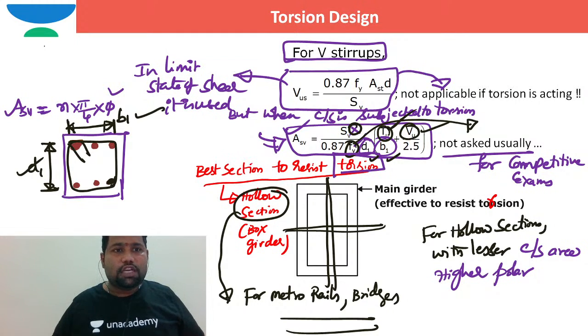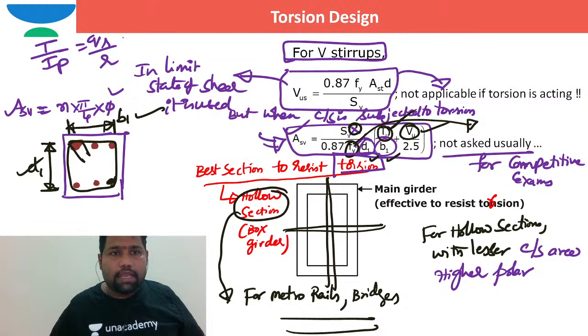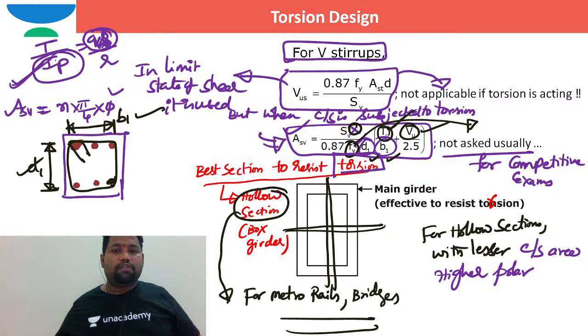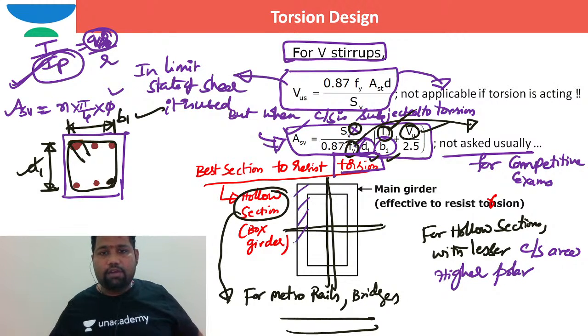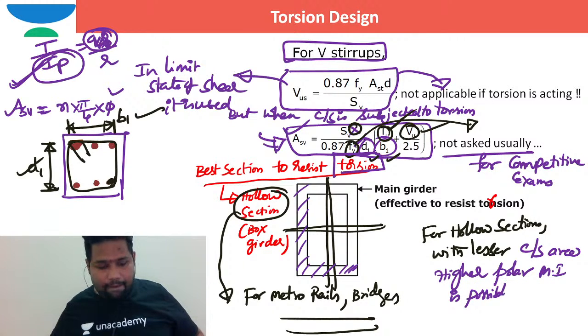To reduce the torsional stresses, if you see the torsion equation, T by Ip is equal to Qs by R. If I want to reduce the shear stresses developing because of torsion, then the Ip value, the polar moment of inertia, should be higher. Generally for these box girders, for hollow sections, with lesser cross-sectional area, higher polar moment of inertia is possible, right?